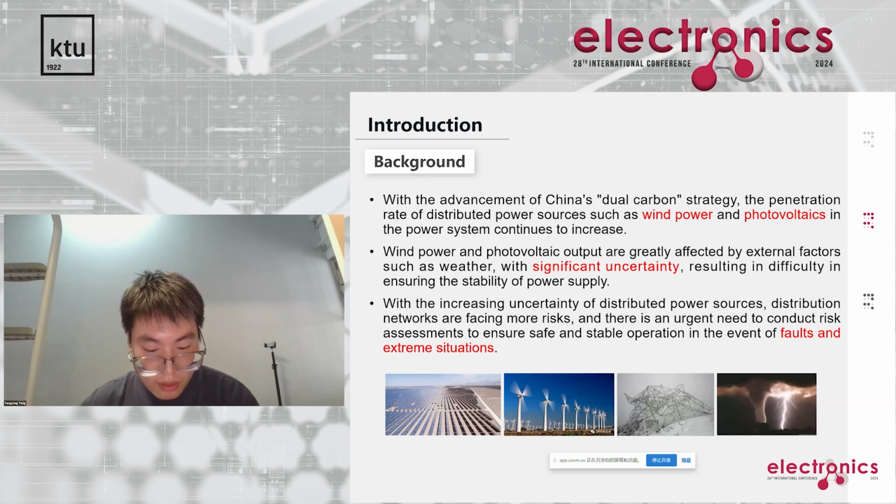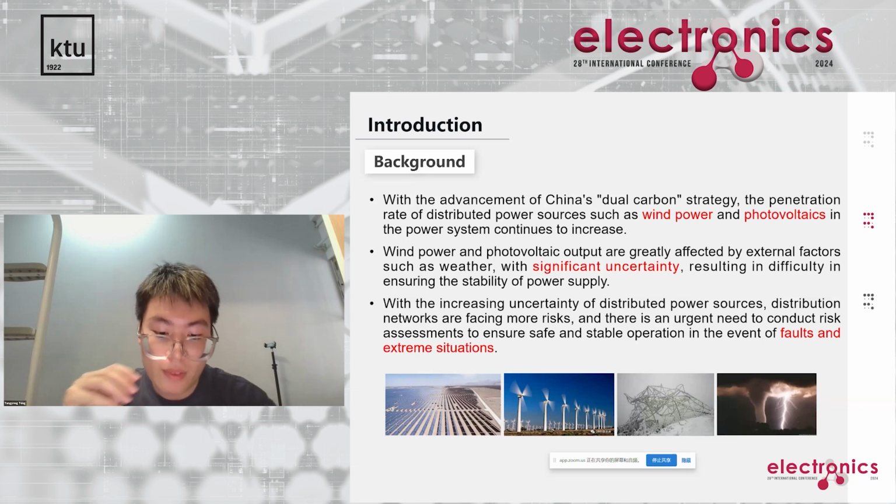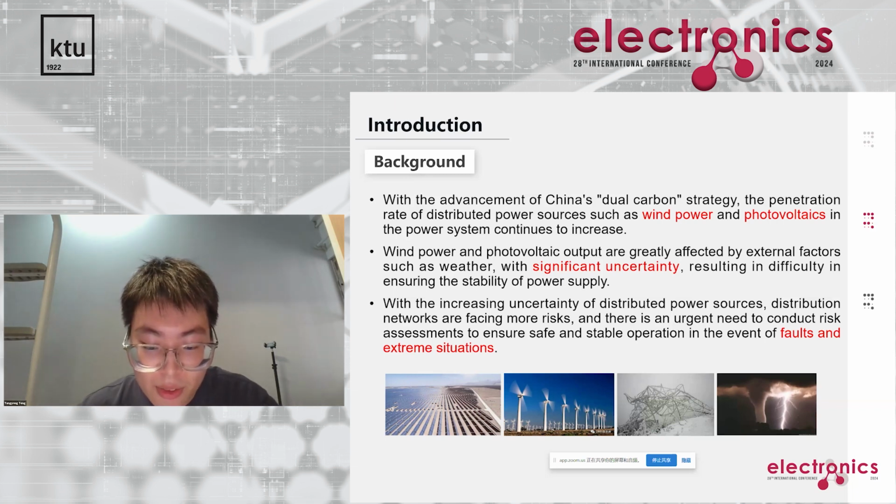Wind power and photovoltaic output are greatly affected by factors such as weather and have significant uncertainty, resulting in difficulty in ensuring the sustainability of power supply.